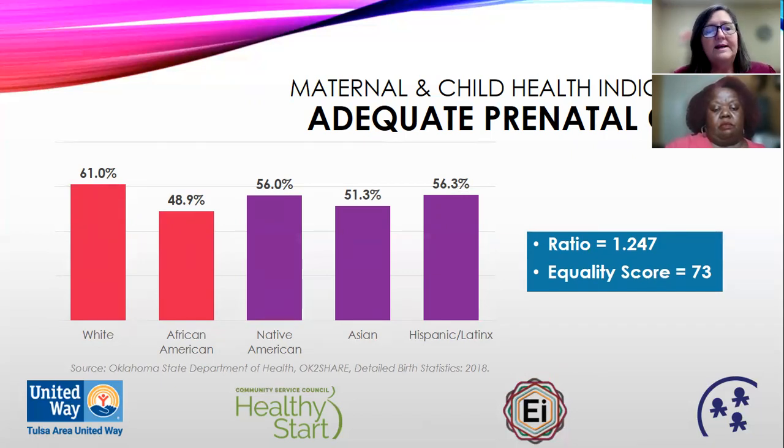We find that there are not major differences by race and ethnicity in Oklahoma, but at 49%, African-American women are a bit less likely to receive adequate prenatal care than women of other races. For comparison, about 61% of white women receive adequate prenatal care in Oklahoma, for a score of 73.